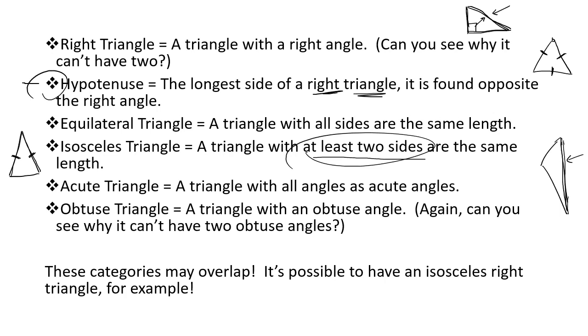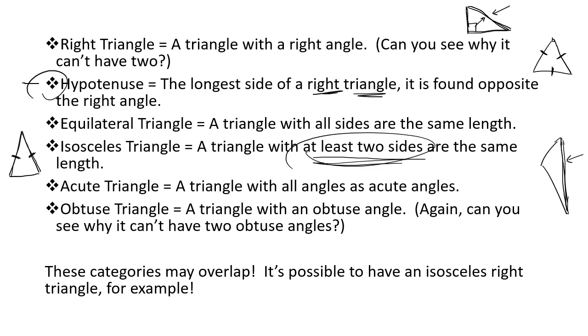If you have three, then you have at least two. I've seen this described before where people have contended that an isosceles triangle is exactly two sides of the same length. You don't see that as much as the difference in trapezoids, but you may see that come up as well, although typically you'll see it be at least two sides.